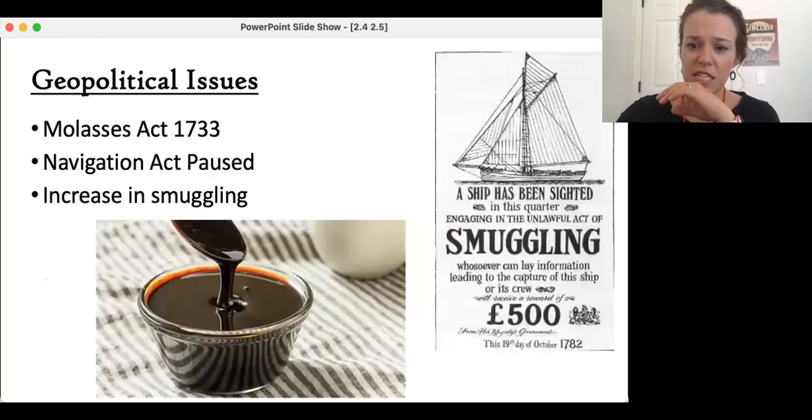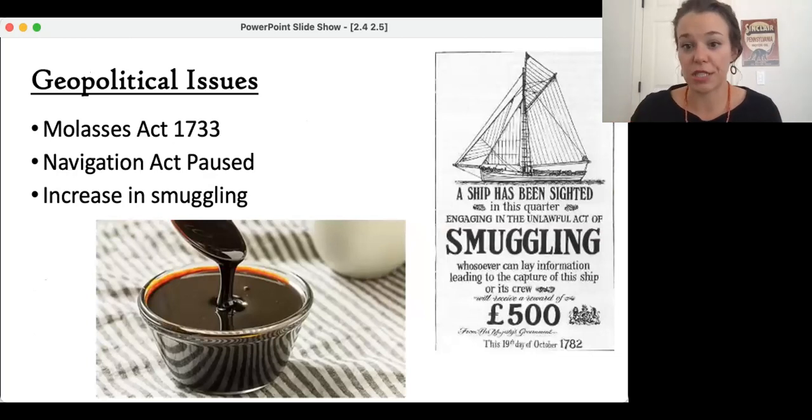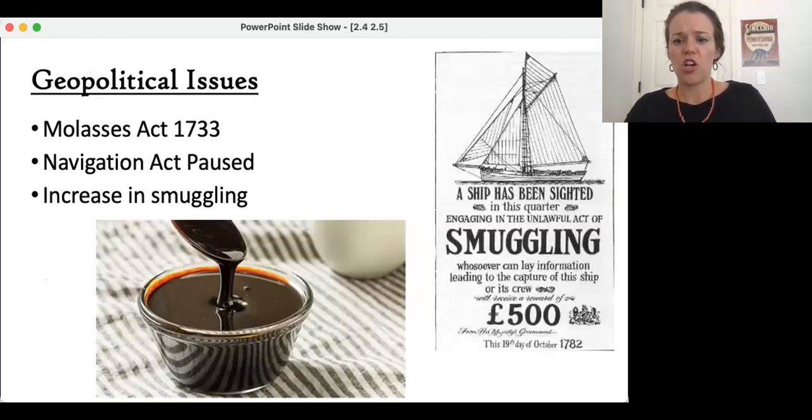So we start to see these navigation acts causing geopolitical problems. What does that mean? Well, geopolitics is essentially international politics, but more of an emphasis on geography. So based on who you're nearby.